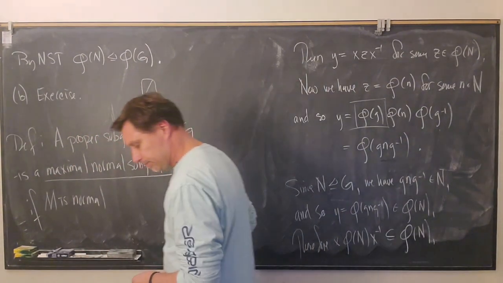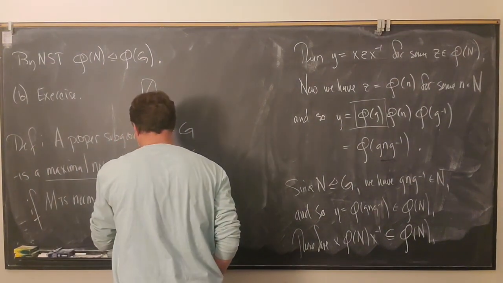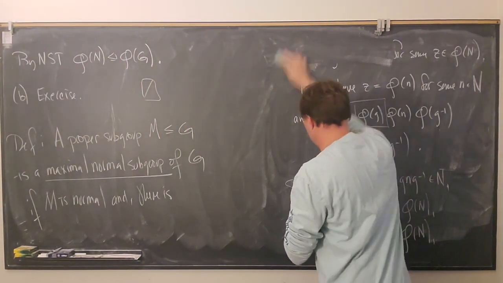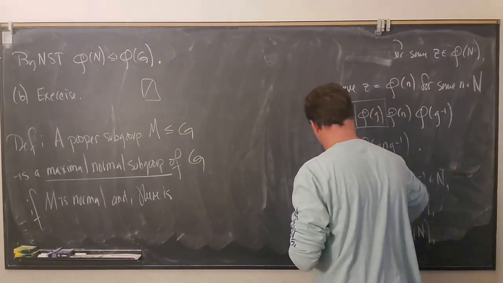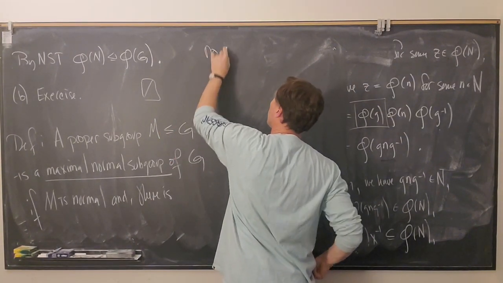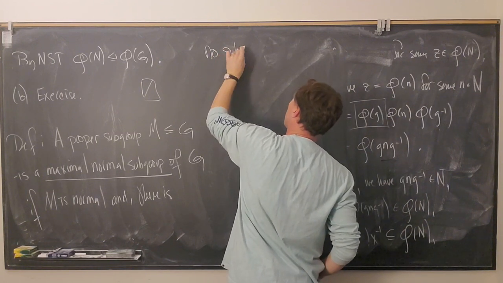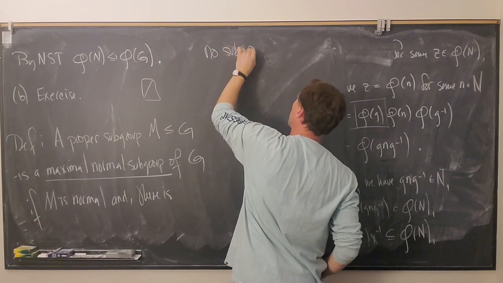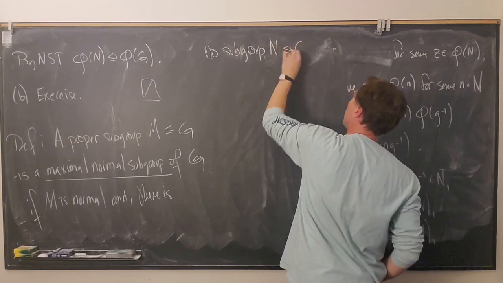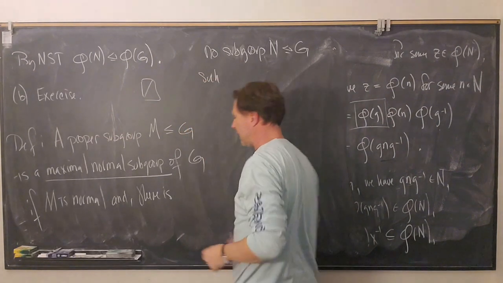And there is no normal subgroup N normal in G such that, oh, and I gotta say proper here, don't I?